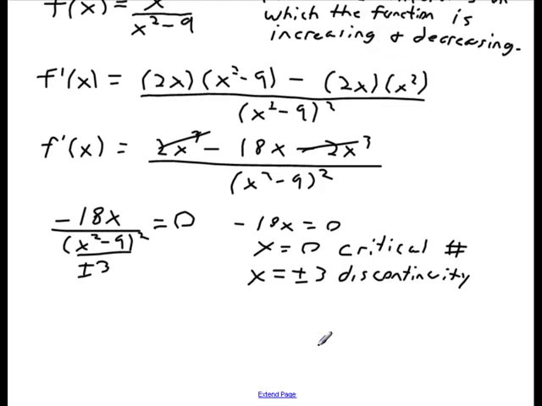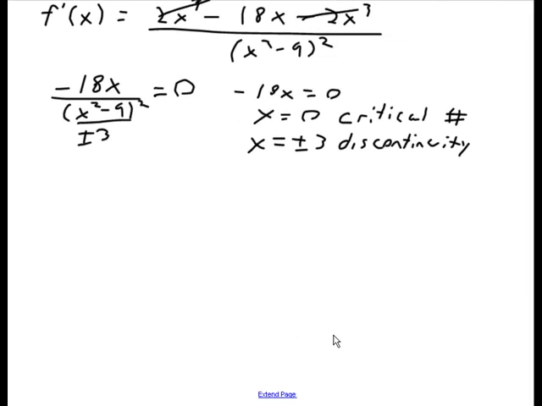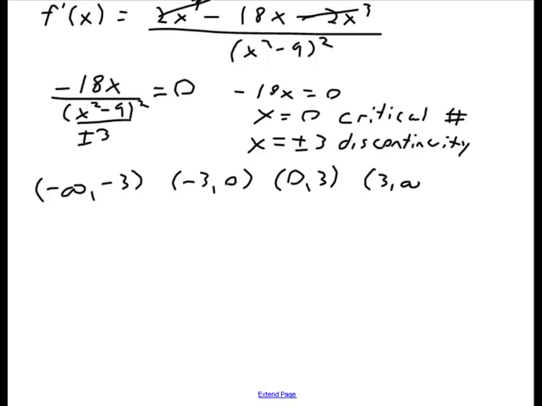So with that in mind, what we're going to do is set up intervals around these points to test whether the function is increasing or decreasing. So with 3 points, it'll be 4 intervals. We'll have negative infinity up to negative 3, negative 3 up to 0, 0 to positive 3, positive 3 to infinity.